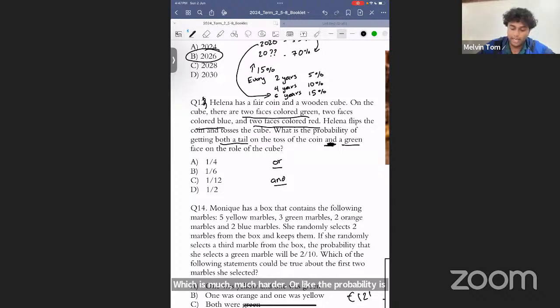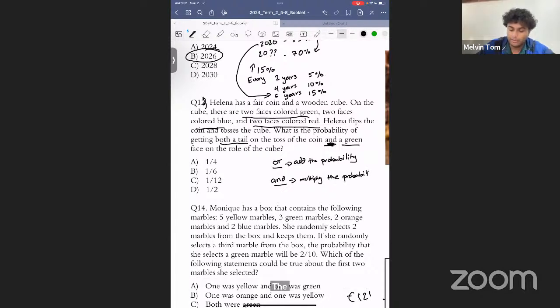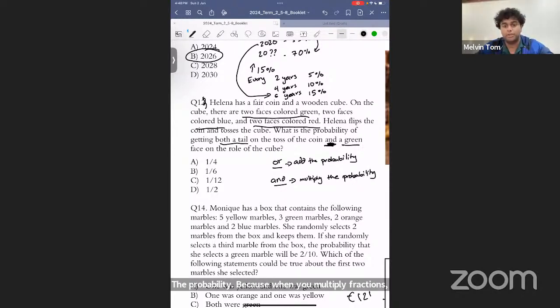So whenever you see the word or, you add the probability. Whenever you see the word and, you multiply the probability. Because when you multiply fractions, the number actually gets smaller, right?